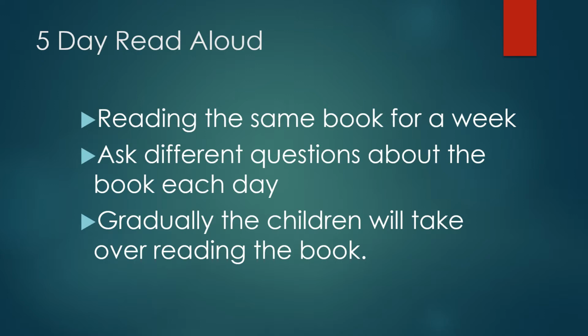The second day, we would talk about what happens to one of the main characters. The third day, we talk about what's happening in the beginning, middle, end of the book. The fourth day, we'll talk about some other subject that happened within the book. And then the last day, we talk more about the different vocabulary words that we use and rhyme some of the words together, if possible.